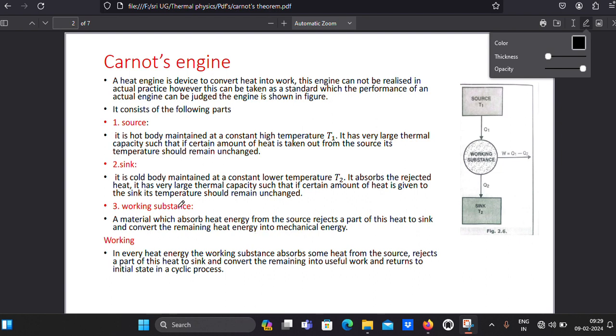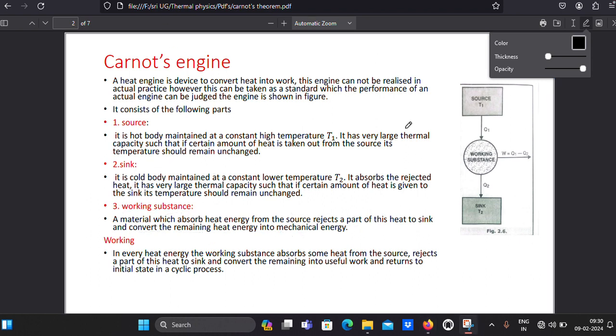It takes heat from the source, a part of this heat is given to the sink, and the remaining heat energy is converted into mechanical energy.